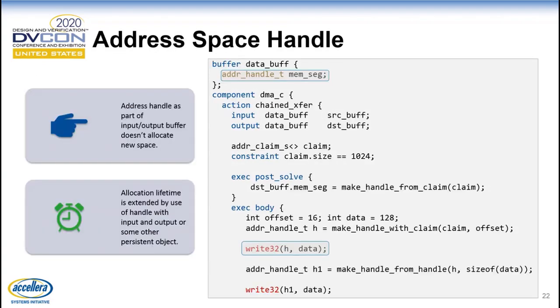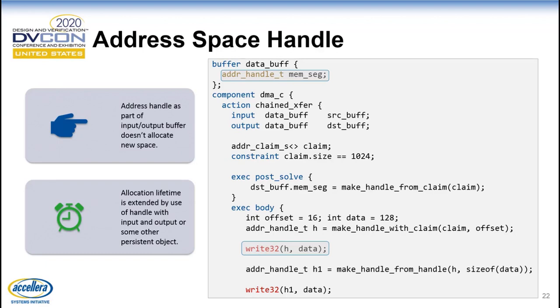Here's the use of the handle. In this case, I have on the top the data buffer object. Now it has a handle. And this particular DMA action, called chain transfer, is actually allocating a memory, this address claim S struct. And then in the post solve, we are getting a handle of that claim and putting that into the destination.